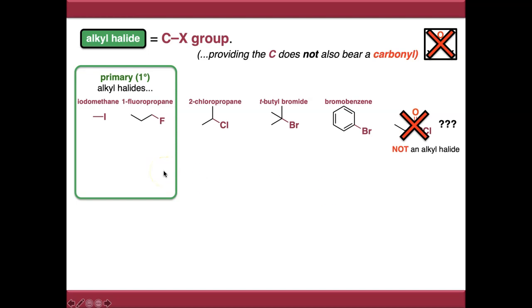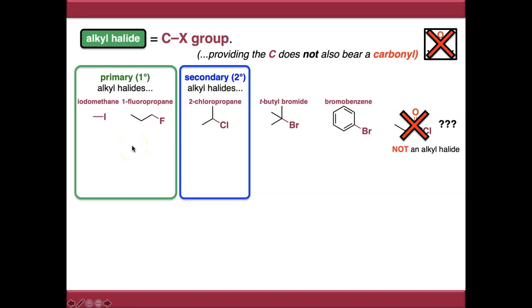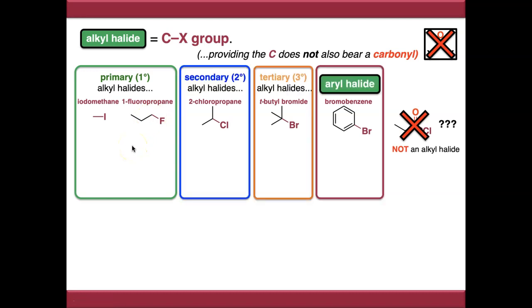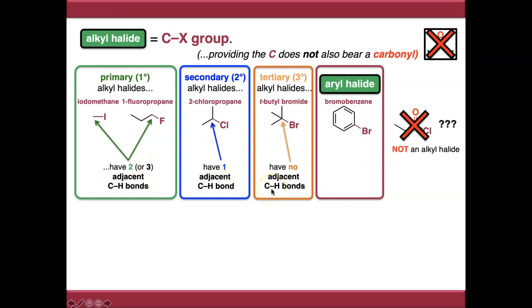So like alcohols, there is a classification system, and like alcohols, it works in the same way. So we're looking at the number of CH bonds which are present on the carbon that the halide is attached to. So we've got primary, secondary, tertiary, and aryl halides, and this is classified by having 2 or 3 adjacent CH bonds, 1 adjacent CH bond, none, or in the case of aryl halides, you have no adjacent CH bonds, but your halide is directly connected to a benzene ring.